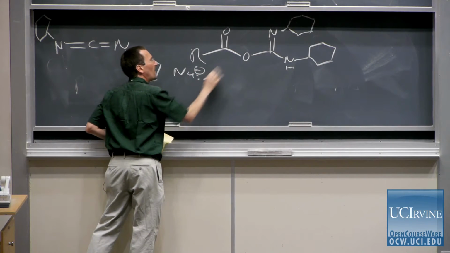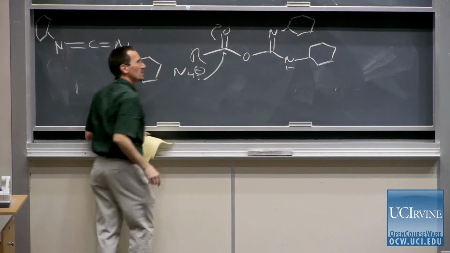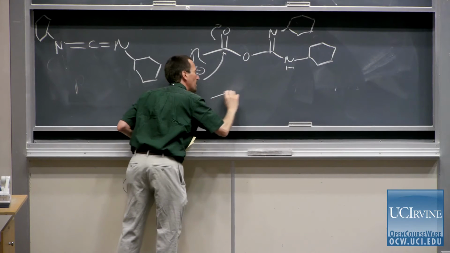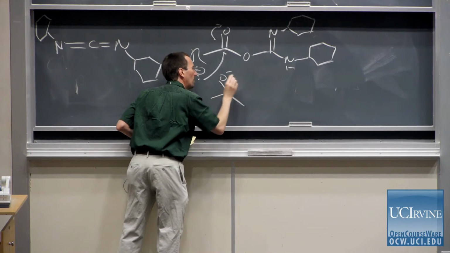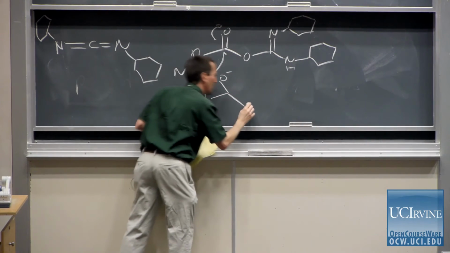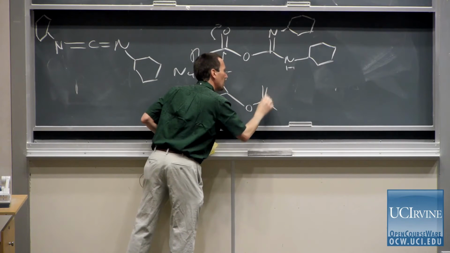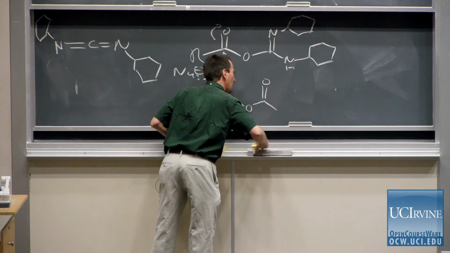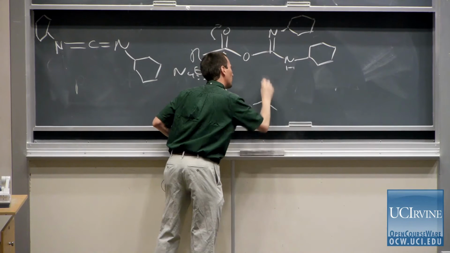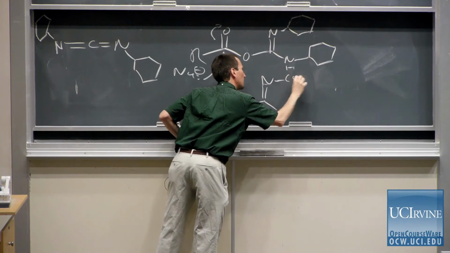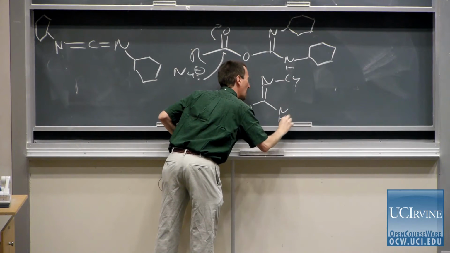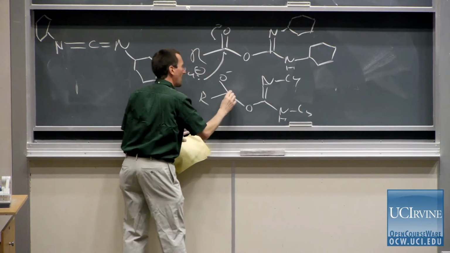And a nucleophile can come in, just as we have seen time and time again with all of the chemistry we've been seeing today. A nucleophile can come in, and I'm just going to abbreviate CY for cyclohexane.